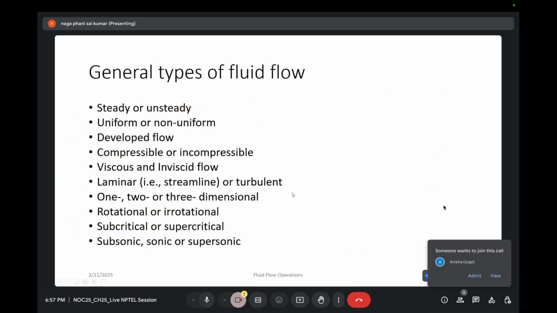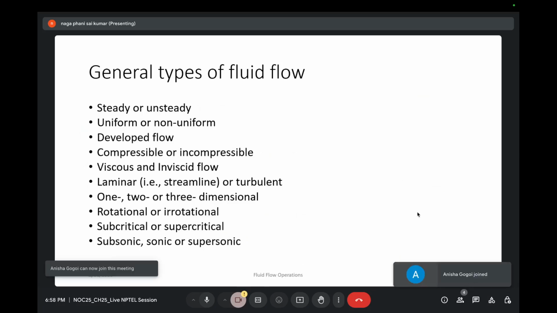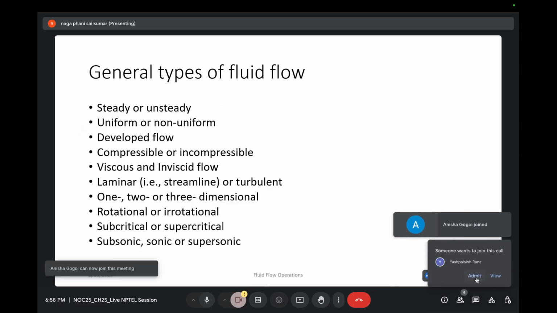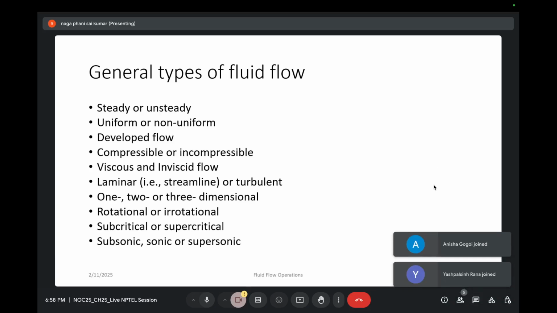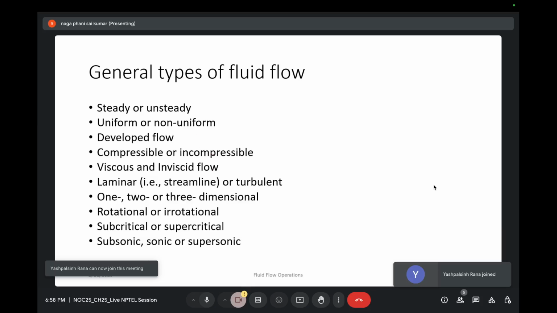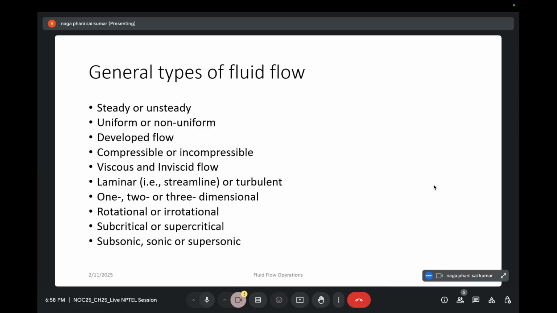Coming to different types of flows, these are the flows we will be coming across in fluid flow operations. We have steady or unsteady state flow, which we'll explain in a couple of minutes.